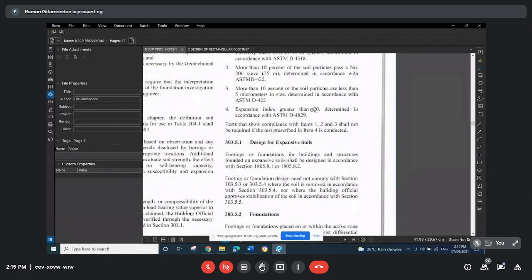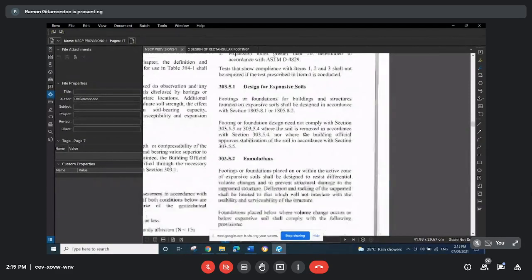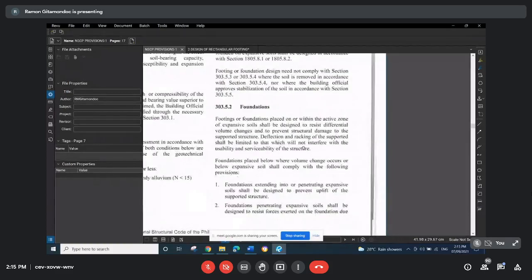Expansion index greater than 20, determined in accordance with this standard for testing materials. So recommended foundation for building structures founded in expansive soil shall be designed in accordance with the section you have here. And another solution is where the soil is removed, so soil replacement can be a solution also.